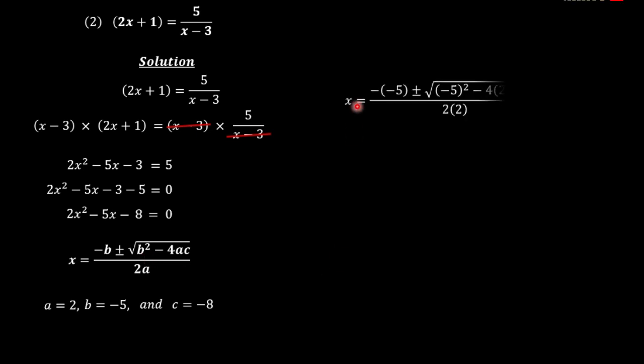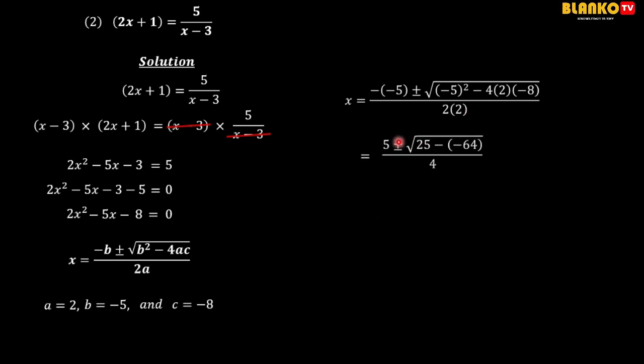So we have x equals minus negative 5 plus or minus the square root of negative 5 squared minus 4 multiplying 2 multiplying negative 8 all over 2 multiplying 2. I hope you're following it. So we have 5 plus or minus the square root of 25 minus negative 64 all over 4.